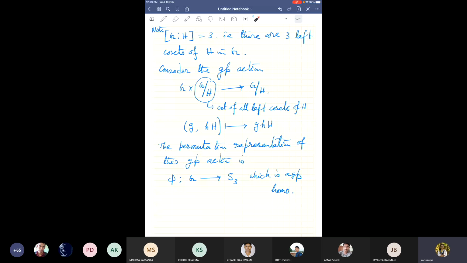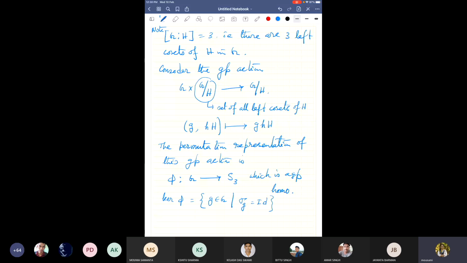So what is the kernel of this group homomorphism? It is the collection of all the elements of the group G such that it fixes the left cosets, right? So in other words, this sigma g should be identity.